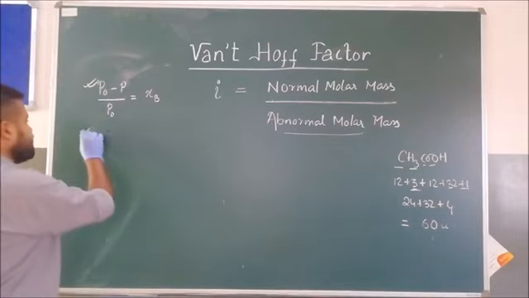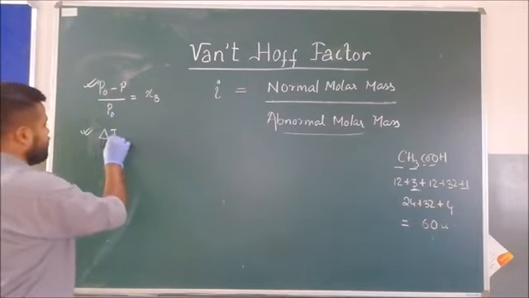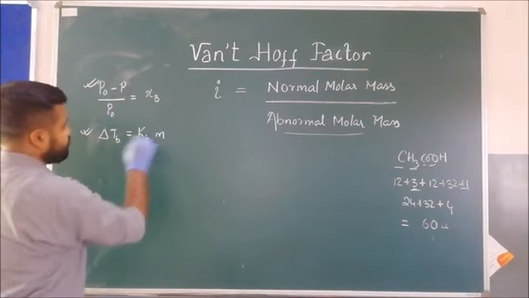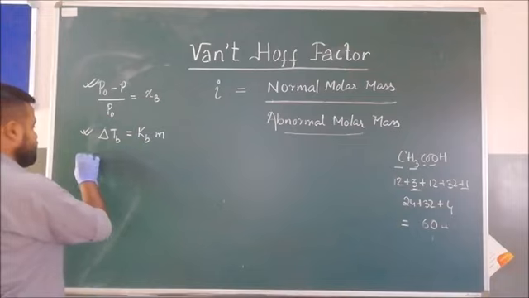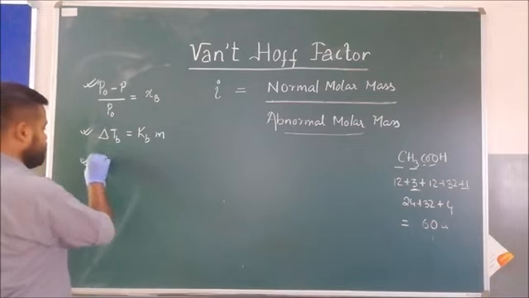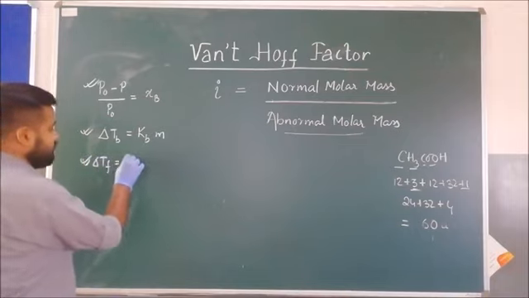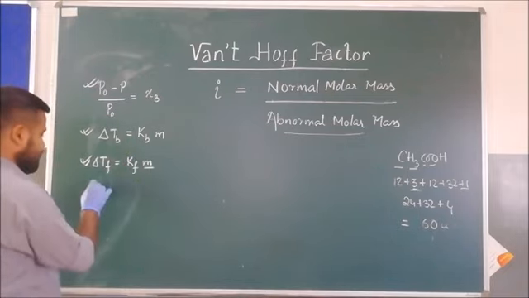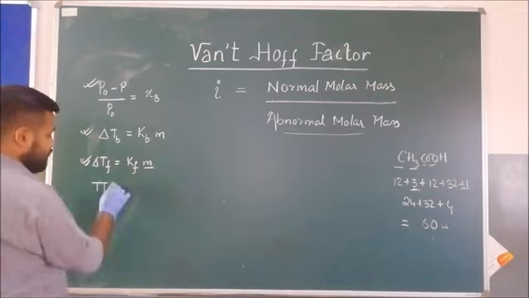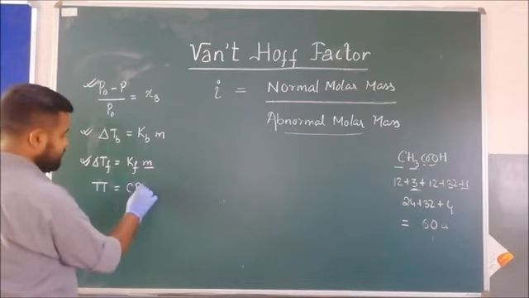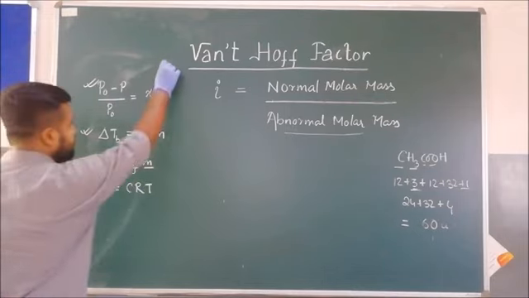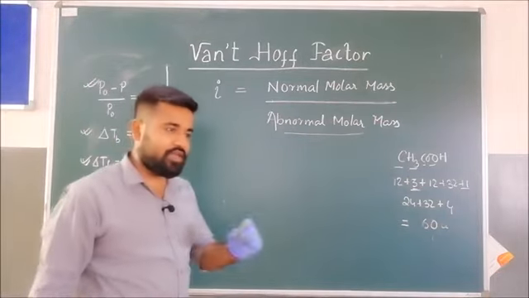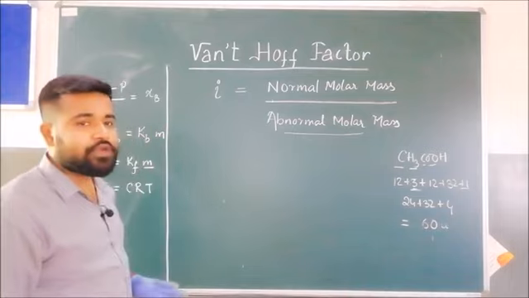Similarly, delta TB equals KB into m. Similarly, delta TF equals KF into m, where m is molality. And osmotic pressure equals CRT. These are the formulas for calculating the colligative properties, which we discussed in our previous video.